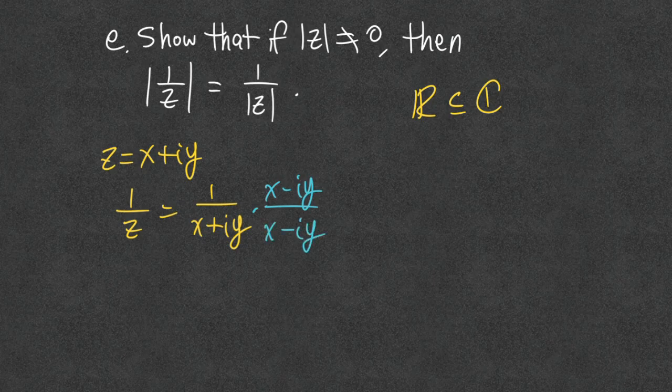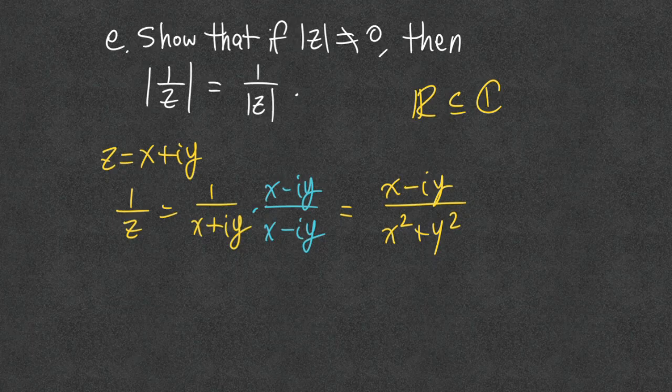x minus iy divided by x minus iy, and again, it should be noted that if I take a complex number divided by itself, that still needs to equal 1. Otherwise, the field properties just break down. But if I do that, then I get x minus iy divided by x squared plus y squared when you FOIL that out.